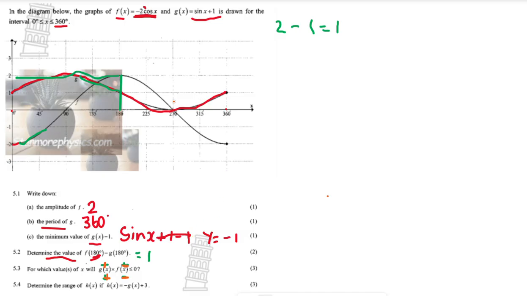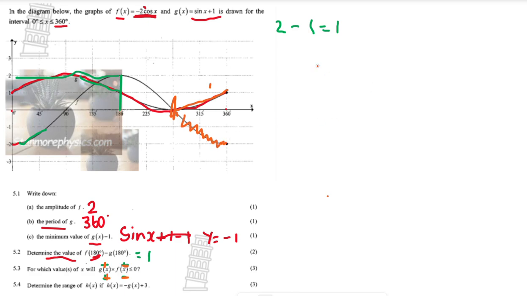We can see that from 270, our g graph is positive. Look at our y: make sure your y value is above 0, and our f of x graph's y value is below 0.